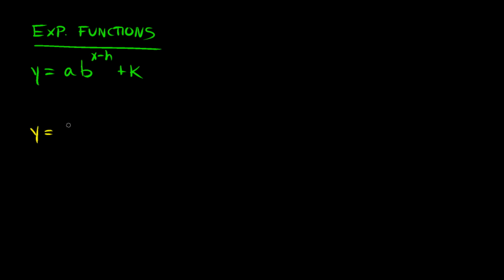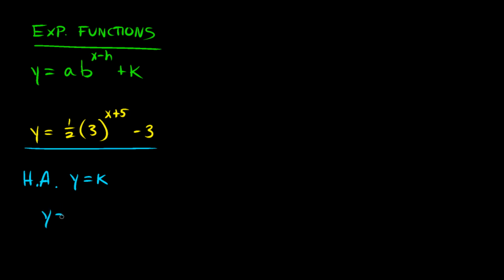I mean, you could have something like 1/2 3 to the x plus 5 minus 3. The rule was that this exponential function had a horizontal asymptote of y equals k. And in this specific sense, the horizontal asymptote for this was y equals -3.